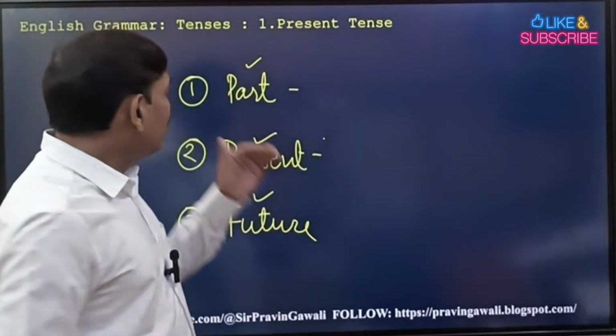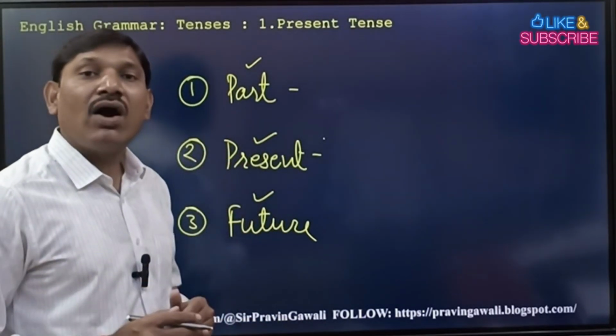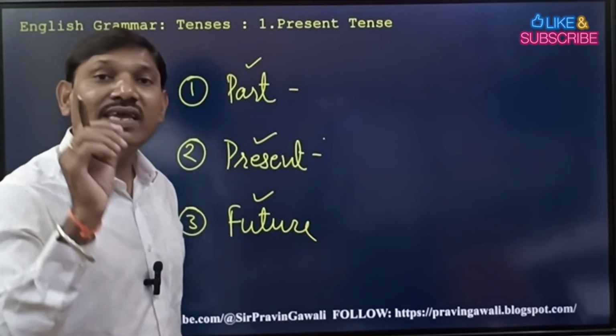Now students, in this past, present, future tense, again we have four subtypes of each tense.